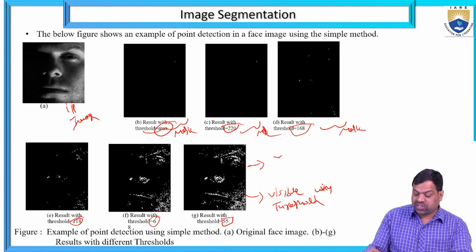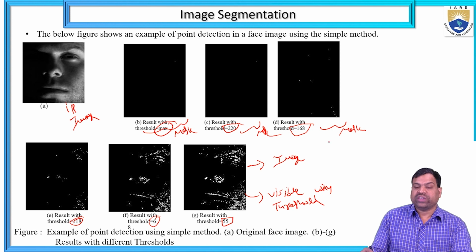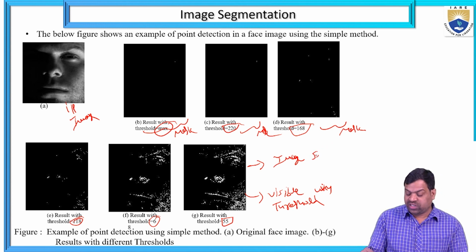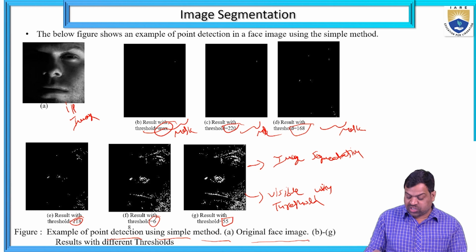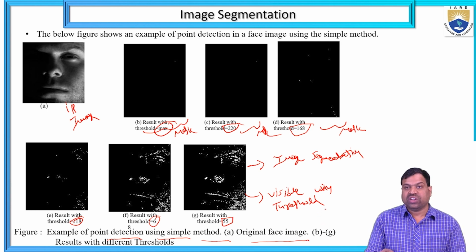This is image segmentation, and we can see that yes, it is the face in the image. This is point detection using the simple method: the original face image, and B to G show results with different threshold levels, reducing the maximum value of the threshold.